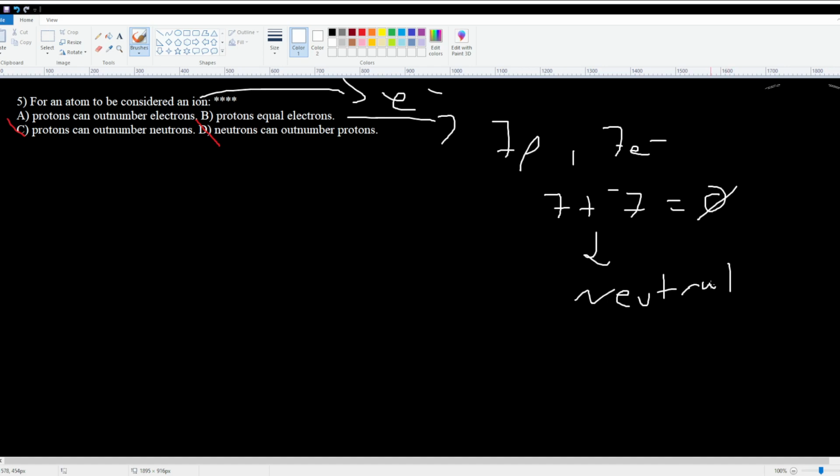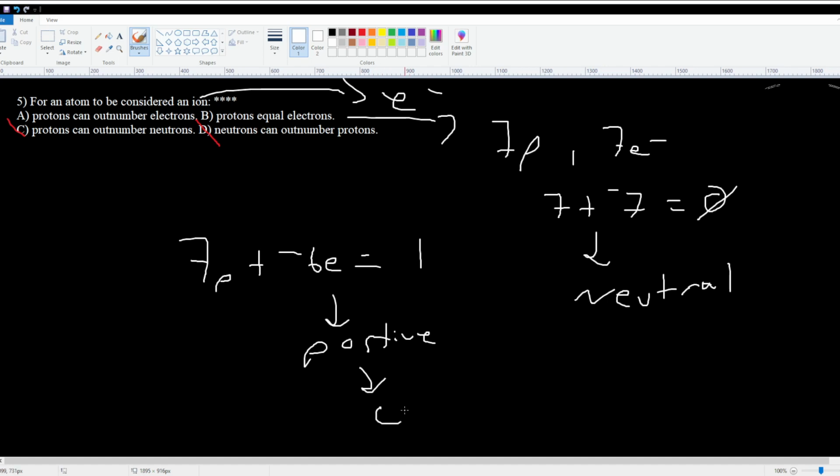If protons outnumber electrons, however, let's say 7 protons plus 6 electrons, we're going to get 1. So this is positive, aka a cation.